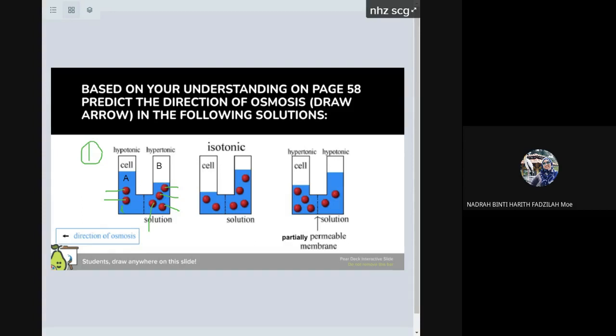Because the number of solute in solution B is higher compared to solution A. Okay, itu mengenai solute concentration. Cuba kita tengok pula.